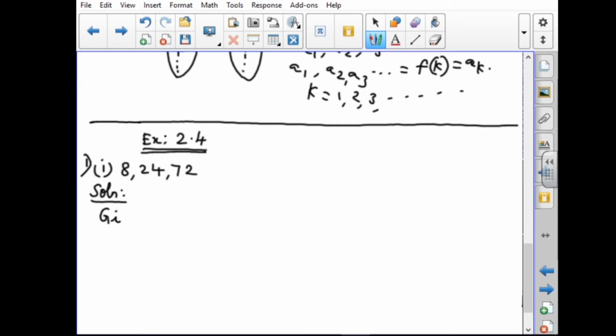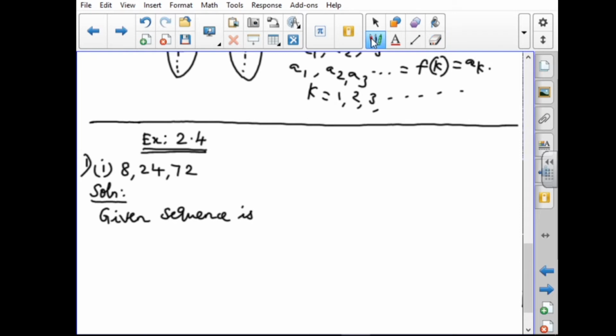Given sequence is 8, 24, 72, etc. They have already given 3 elements.